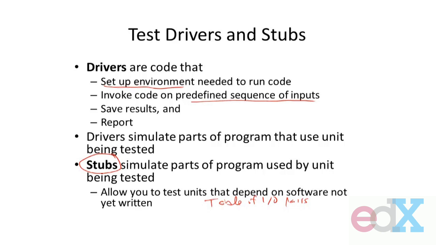The advantage of a stub is that it's going to allow you to test units that depend on software even if you haven't written it yet. Maybe I won't be able to test everything, but remember, since I'm building a test suite with a particular set of cases, I can basically say, well, if this code was there, here's what it should do. And that stub will let me go back and actually test the piece of code I'm testing inside of the driver.